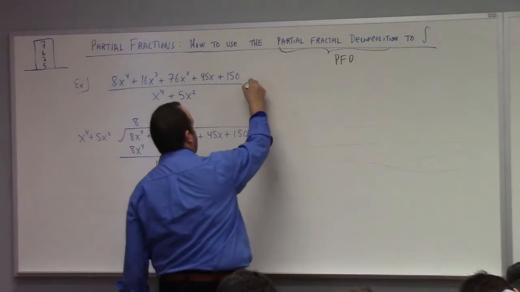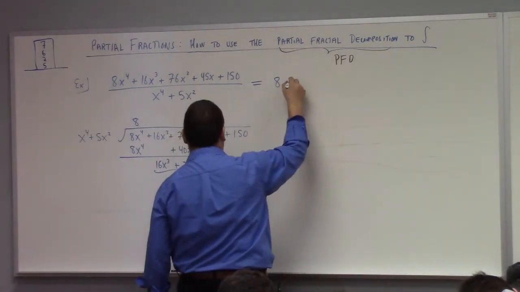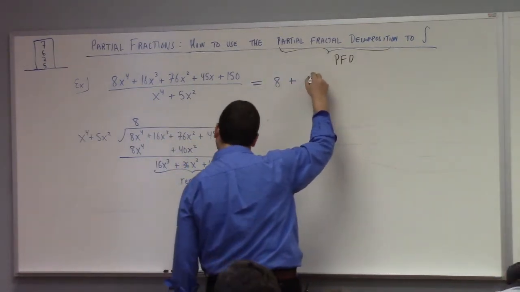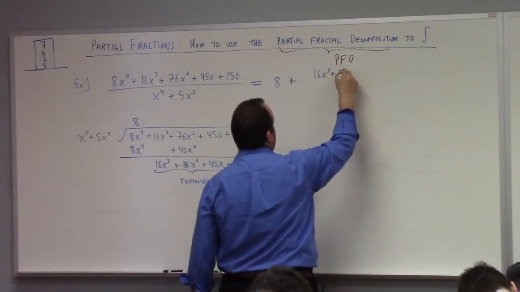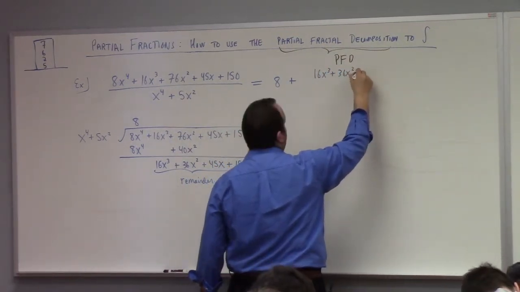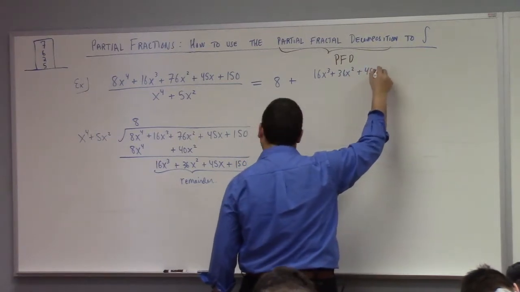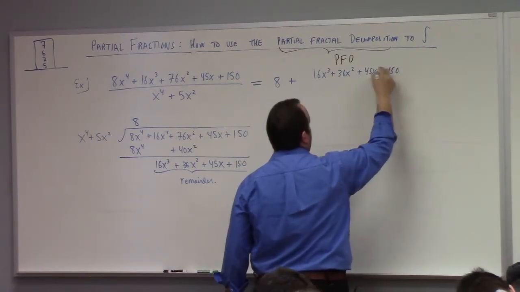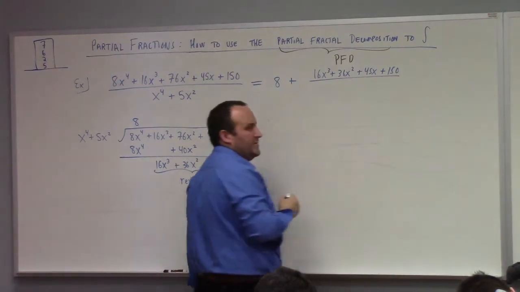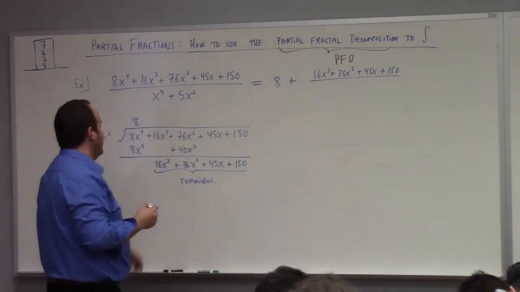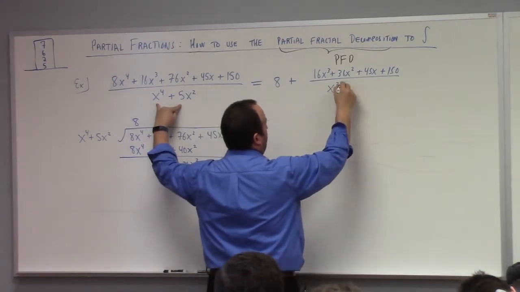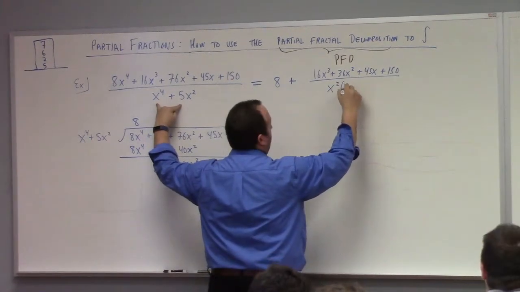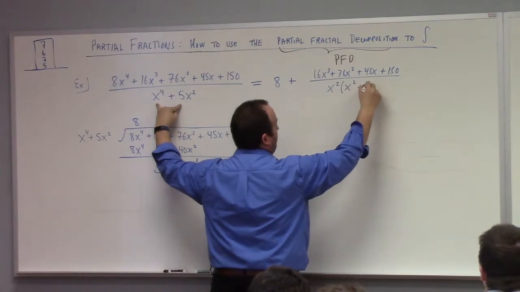So what we just learned is that this is equal to 8 plus 16x cubed plus 36x squared plus 45x plus 150 divided by, and let me just say, what is this? It's really x squared times what? x squared plus 5, right?